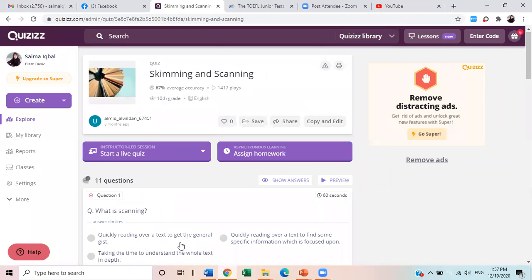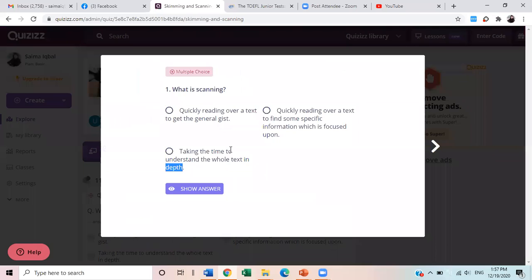Okay, so all right, look at this. What is scanning? This is question number one.